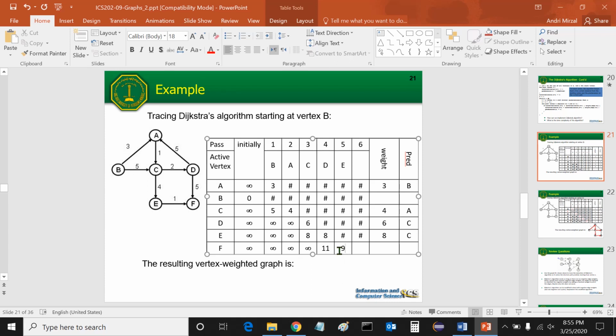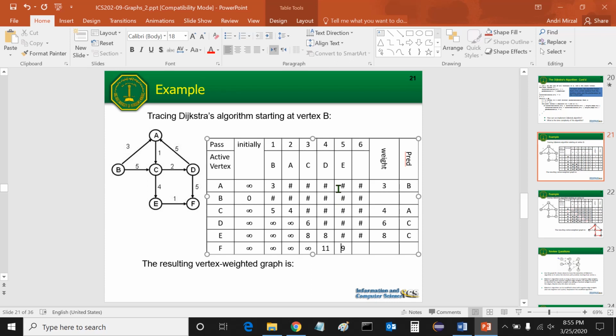If you have this kind of case, then you do not need to insert that bigger number. You just copy the previous one, which is smaller. So if the new number is bigger, we do not insert it. Only if the new number is smaller, then we insert it into our table. Okay, that's good if you understand.